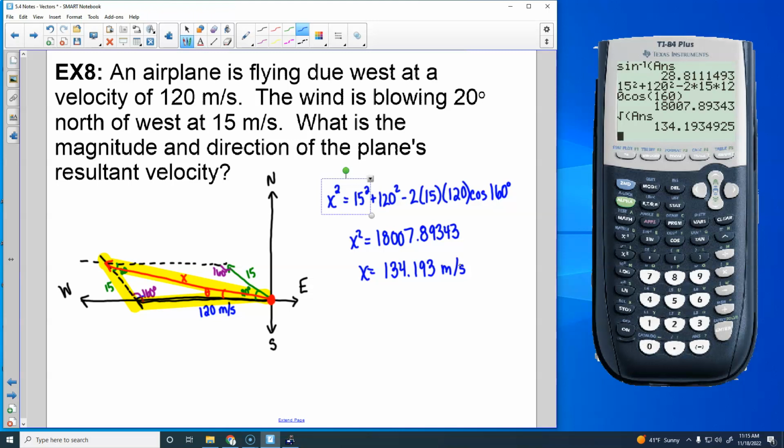Okay, so now that we have found that magnitude, we can say sine 160 over that number we just found, 134.193, equals, we want to know this angle right here, so we're going to say sine of theta over 15. And we will cross multiply.